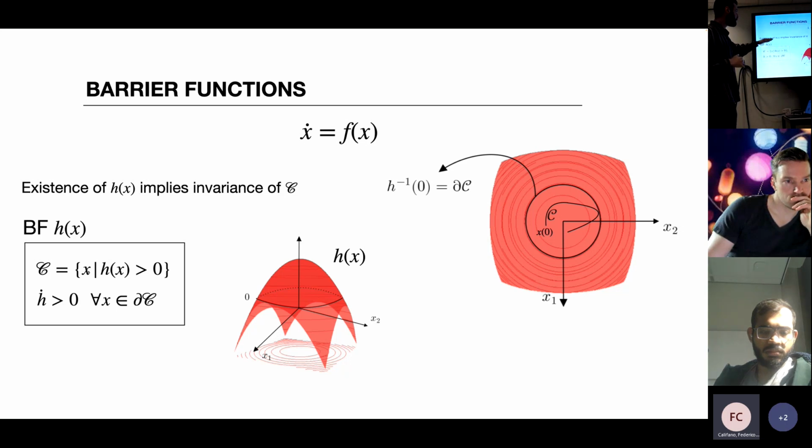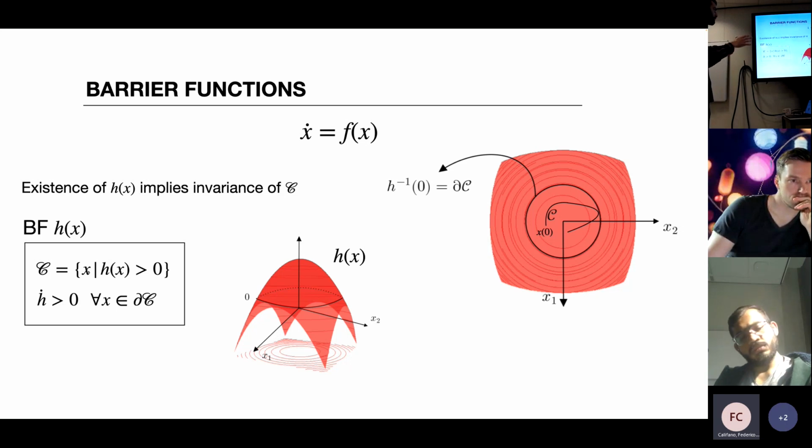Barrier functions are defined, and I'm talking about zeroing barrier functions. There are different types of barrier functions. We can go to that later, but I'm trying to be conceptually clean.